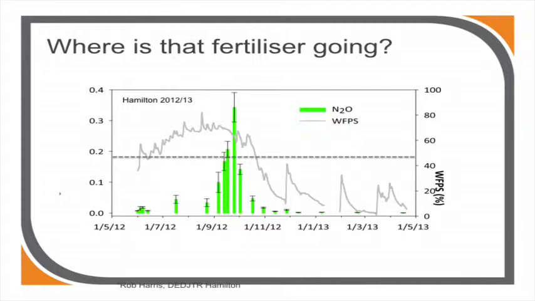And if we look at these daily nitrous oxide losses, I know this is a hard scale to read, but that's actually kilograms of nitrogen per hectare per day being lost as nitrous oxide. So essentially, if we look at that peak there in probably early October, late September, somewhere roughly 350 grams of nitrogen there that's been lost in a single day as nitrous oxide.